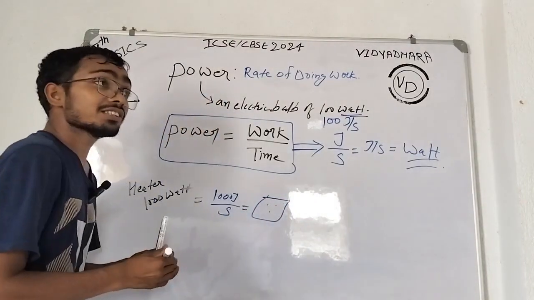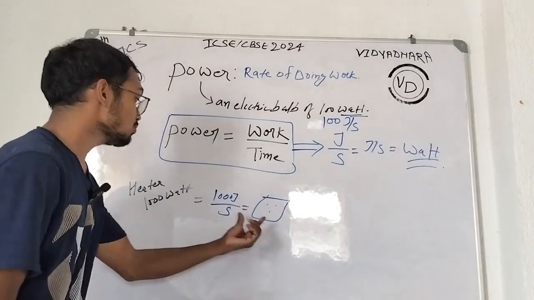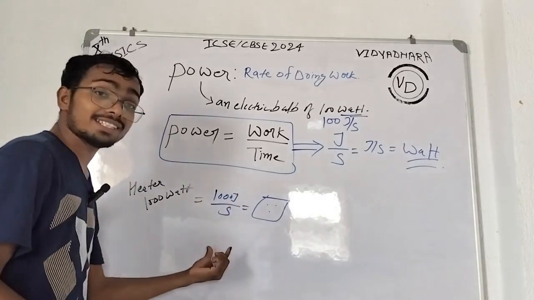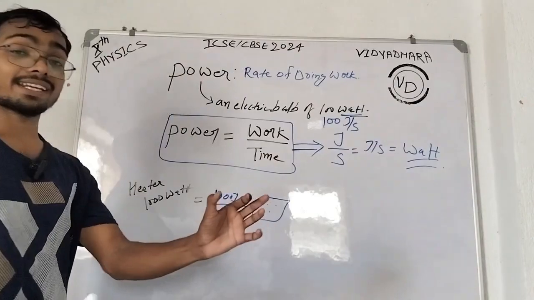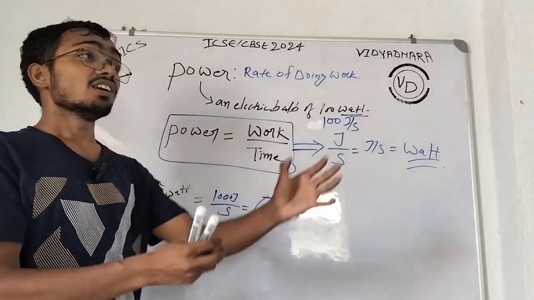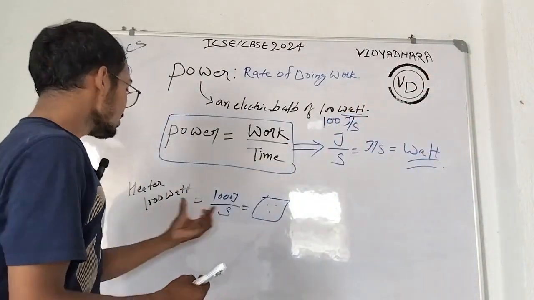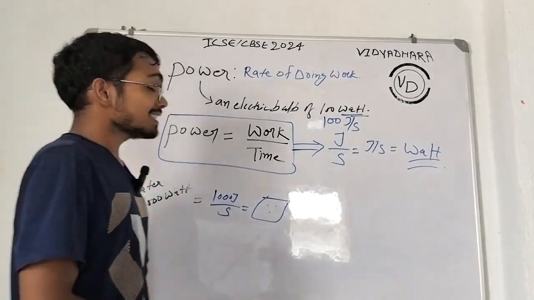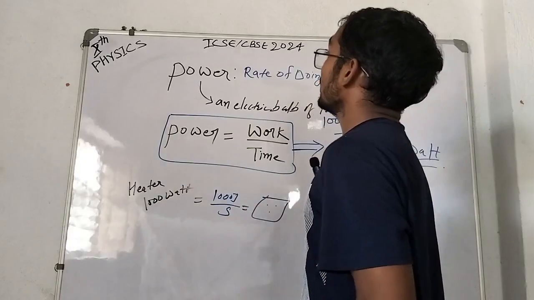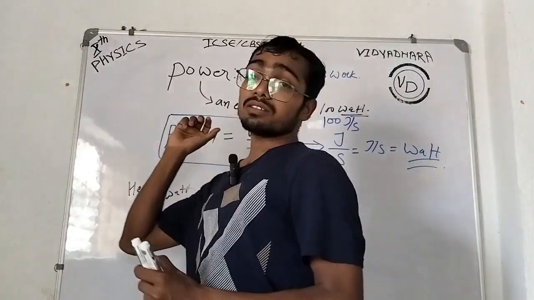This is the electric socket or circuit from which 1000 joules of energy is extracted from the electric board per second. Every second the electric board gives 1000 joules to the heater. Okay, this is about work and power.